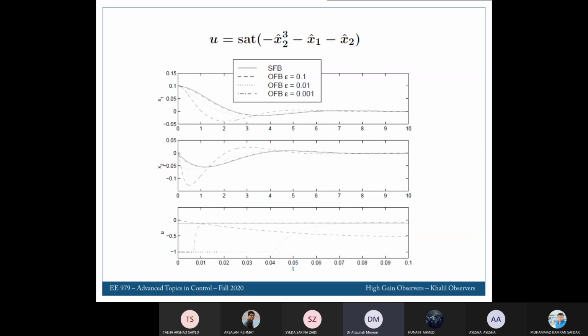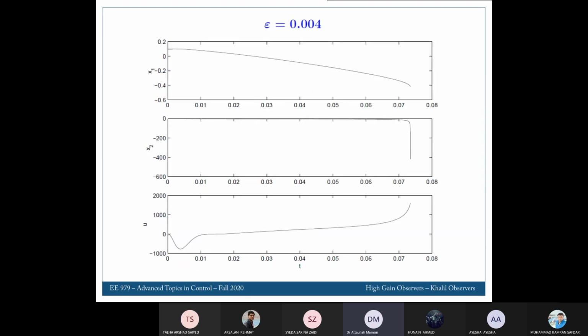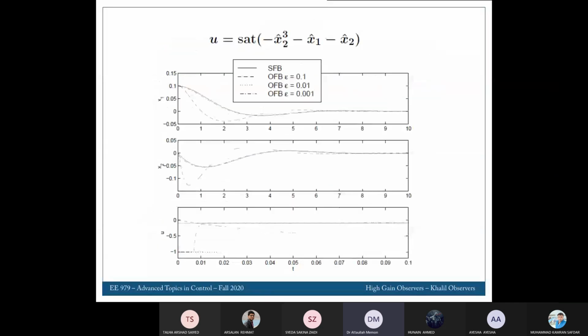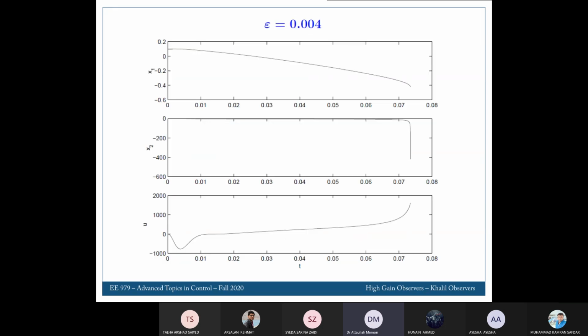So instead of using a control like this, we just saturate it in the beginning, okay, by using this saturation function, and then we can go ahead and implement it, and things will be okay. Okay, so that is just to make sure that the system doesn't attain a peaking phenomena and doesn't go to a situation where you end up with a finite escape time and your system becomes unstable.